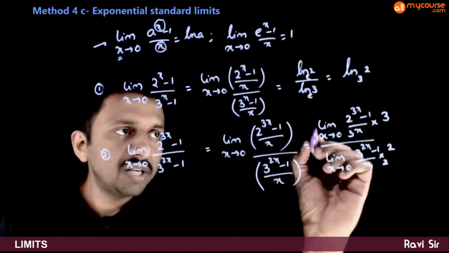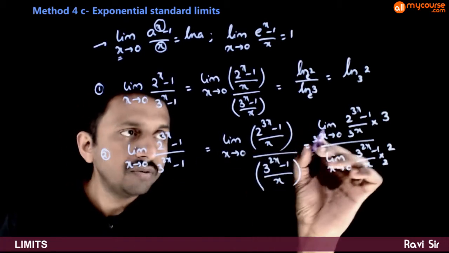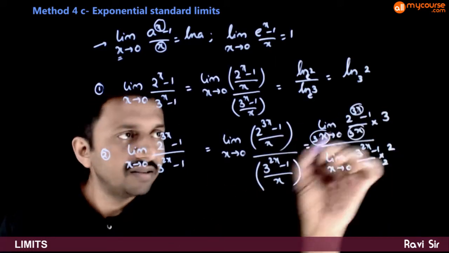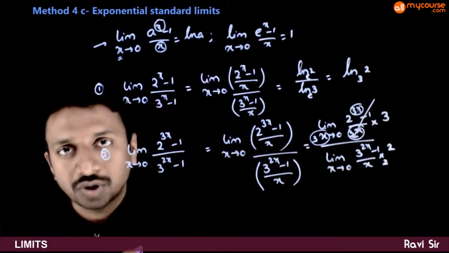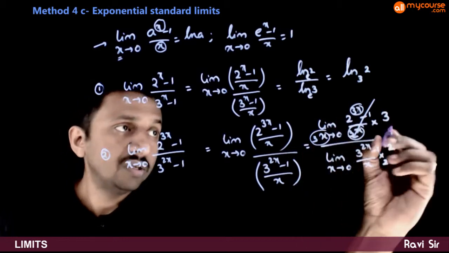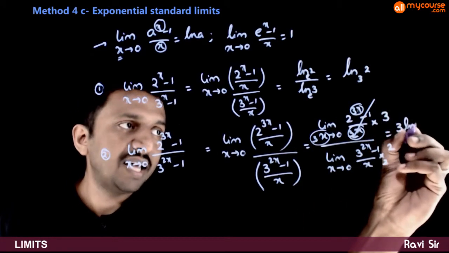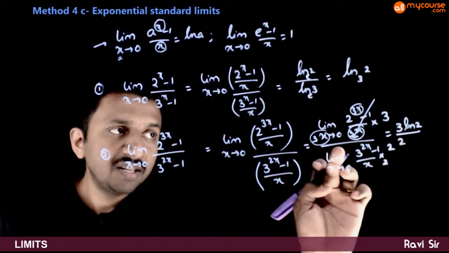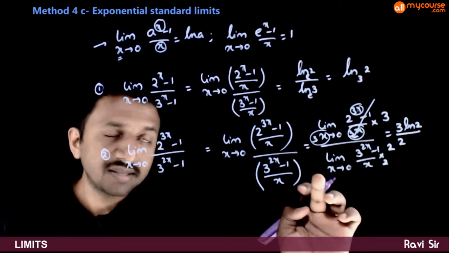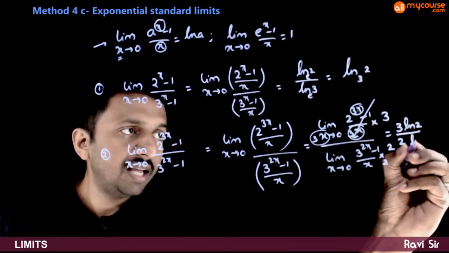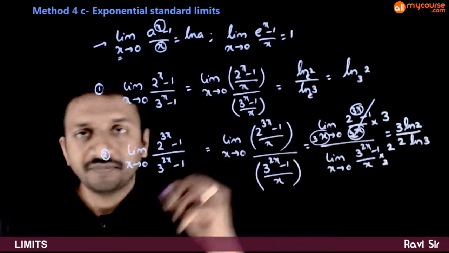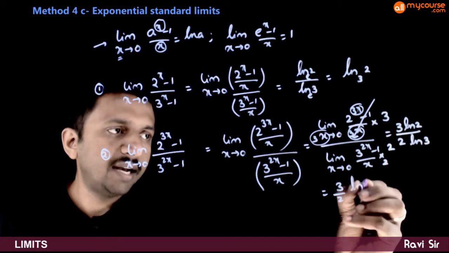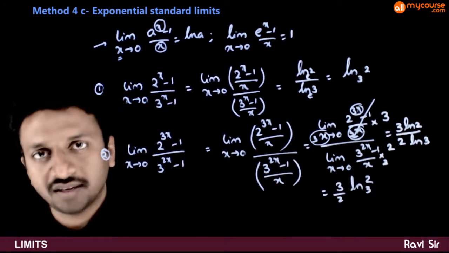Now as x tends to 0, 3x also tends to 0, so (2^(3x) - 1)/(3x) goes to ln 2. So the numerator is 3 times ln 2, and the denominator is 2 times (3^(2x) - 1)/(2x), which as 2x tends to 0 is ln 3. So that is equal to 3/2 times log 2 to the base 3, which is the answer to this question.